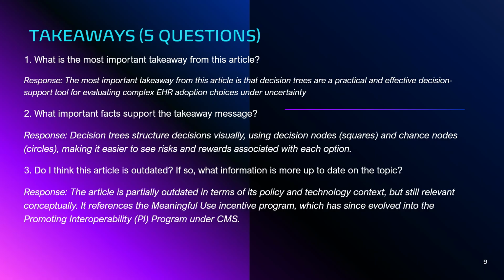Question 1 is the most important takeaway from the article. I did put some in italics here. I did summarize, but I will go a little bit in depth briefly.